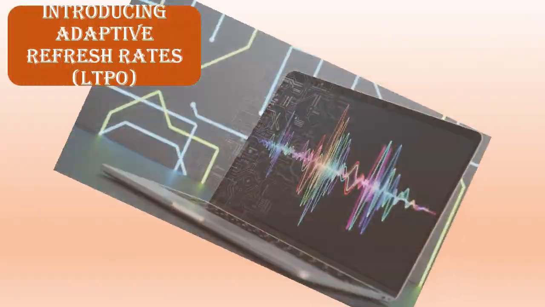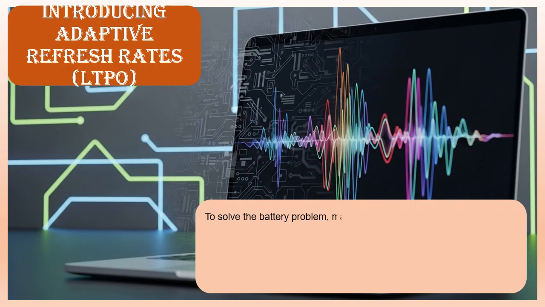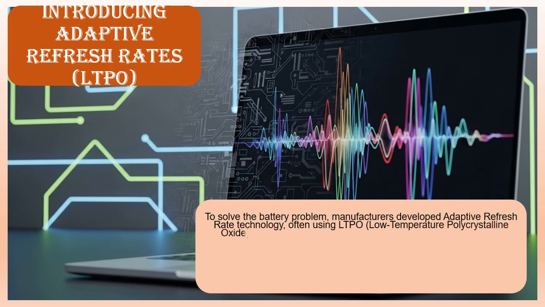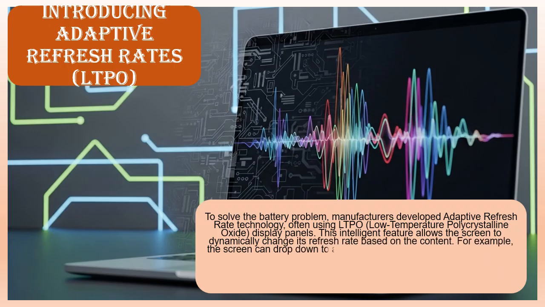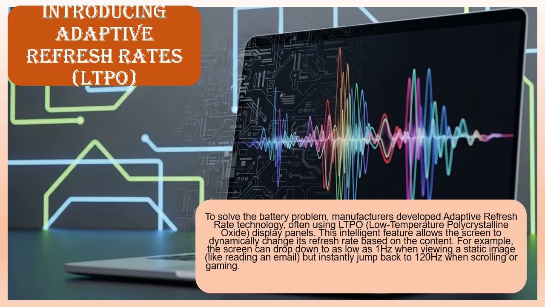Introducing adaptive refresh rates, LTPO. To solve the battery problem, manufacturers developed adaptive refresh rate technology, often using LTPO, low-temperature polycrystalline oxide, display panels. This intelligent feature allows the screen to dynamically change its refresh rate based on the content.